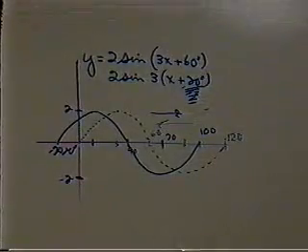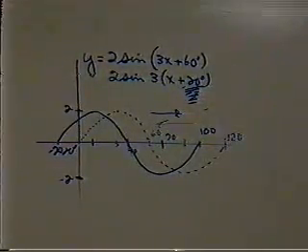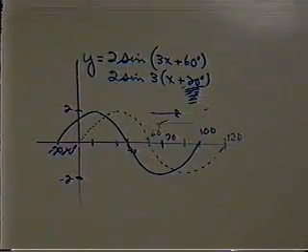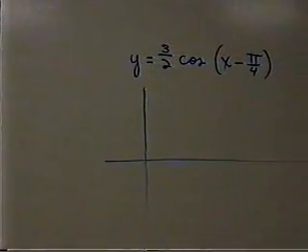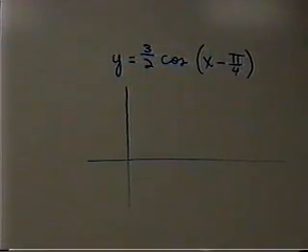All right, now let's look at the next example. All this example is about is what happens if we have a negative involved in it.